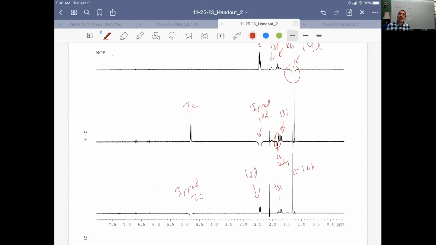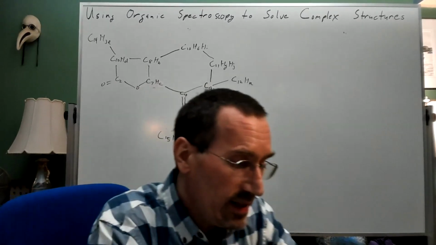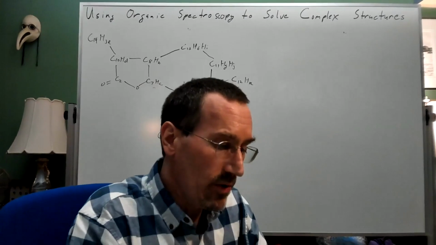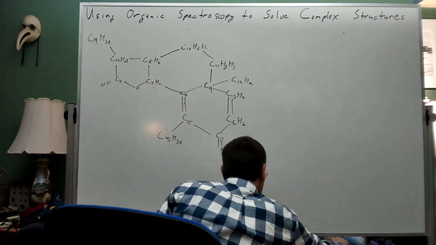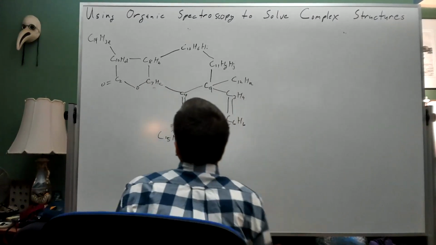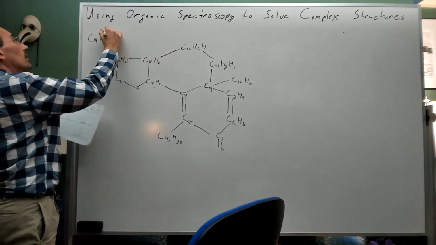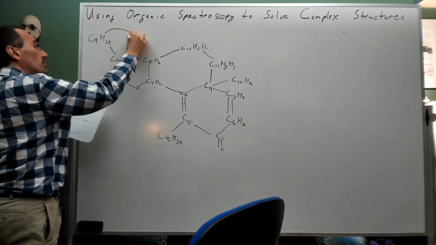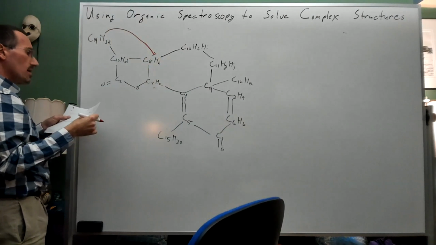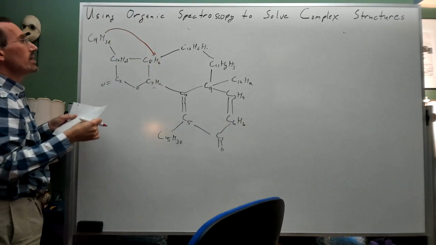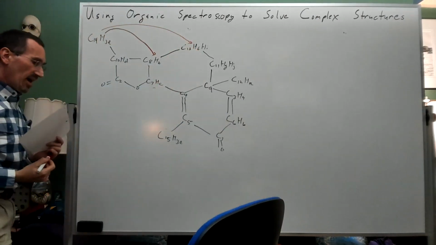So I want to diagram this out at this point so that we can get a better view of what's going on. So we irradiate 14L, and we get an NOE to 8H, and we get an NOE to 13F.